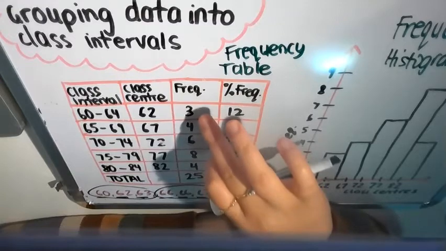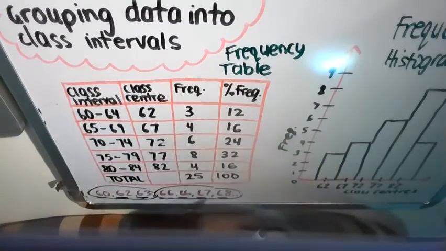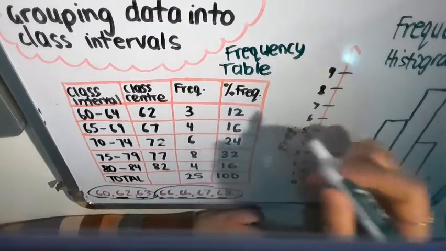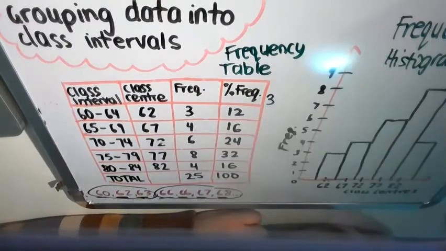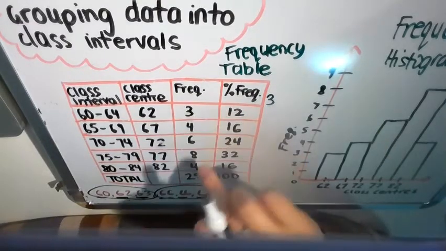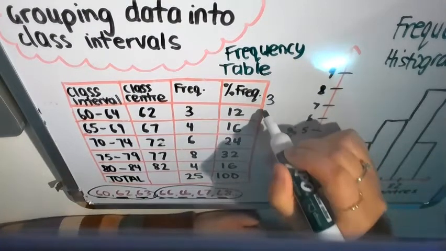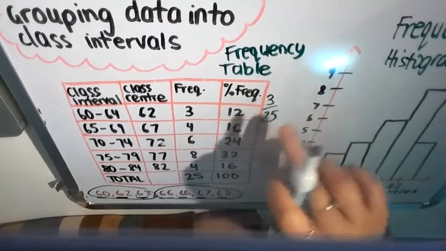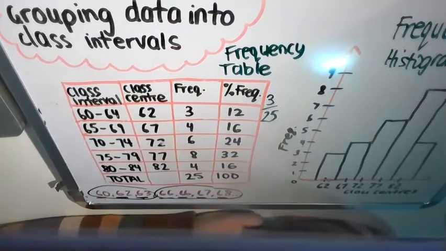The number of scores between 60 and 64 appeared 3 times. How many scores were there in total? 25. So out of all the 25 scores, 3 are between 60 and 64.